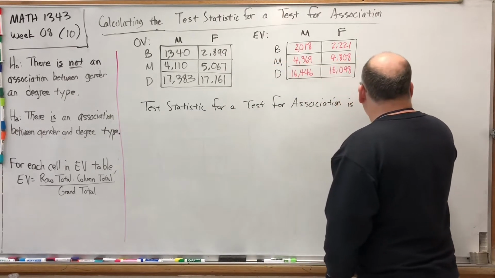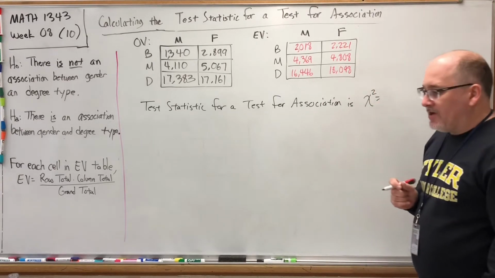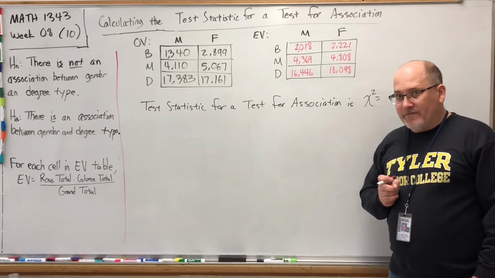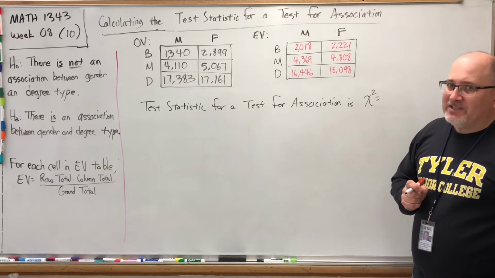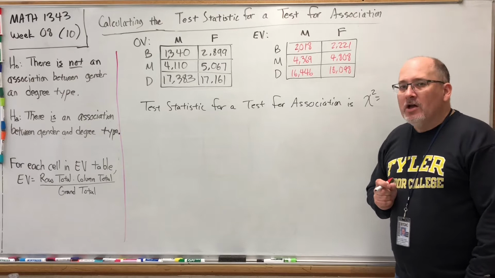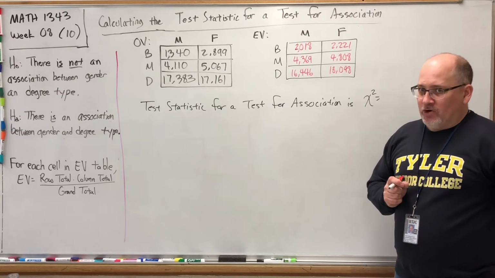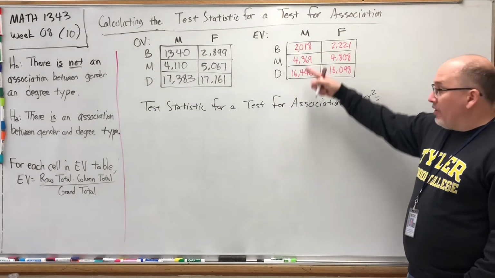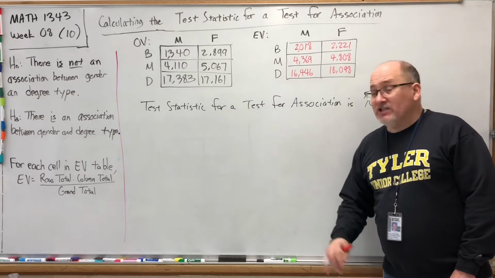And by the way, the criteria for the chi-square distribution being appropriate for this is every expected value should be at least 5. Same as the criteria for using a chi-square distribution for a goodness of fit test. Clearly, our expected values are all at least 5.